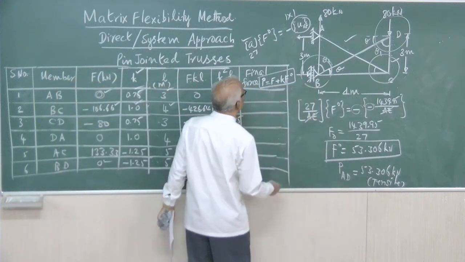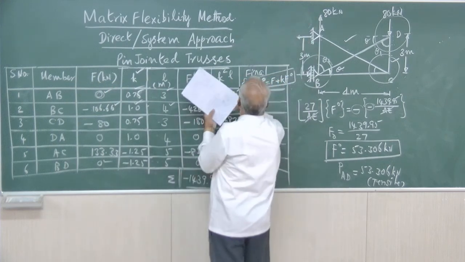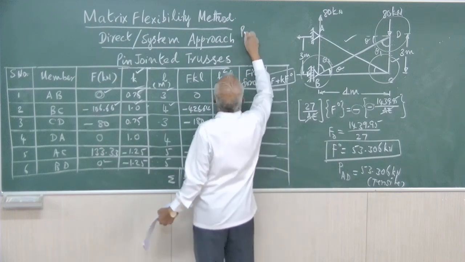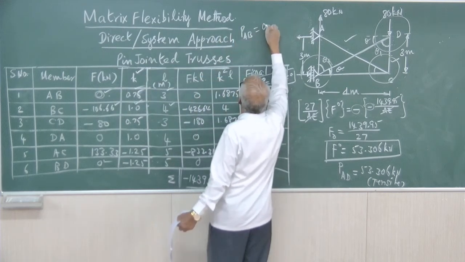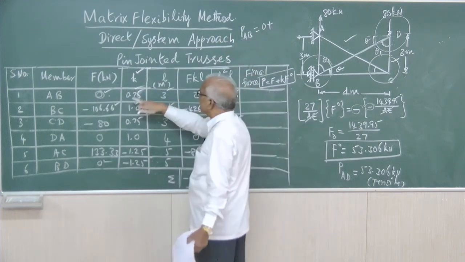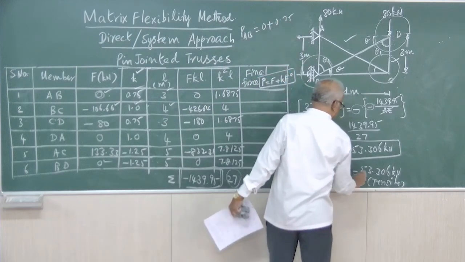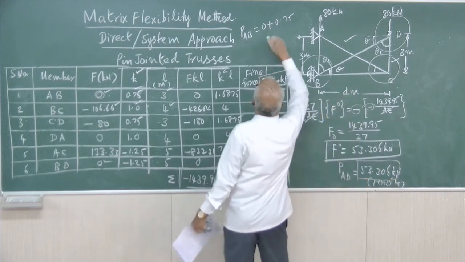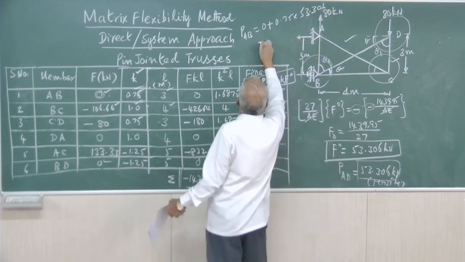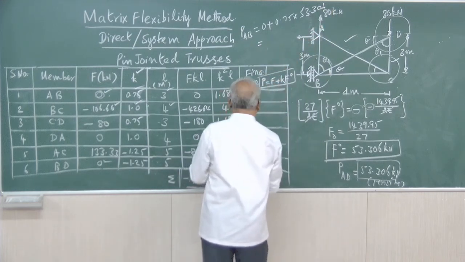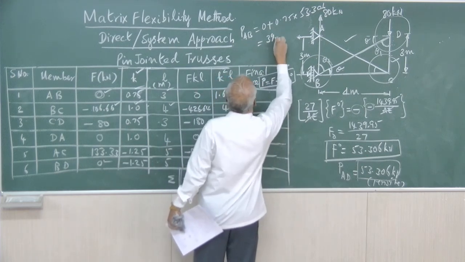For example, suppose we want to find the force in member AB, the value of PAB equal to F value 0, plus K value 0.75, into 53.306. That will give you the final force, equal to 39.98.